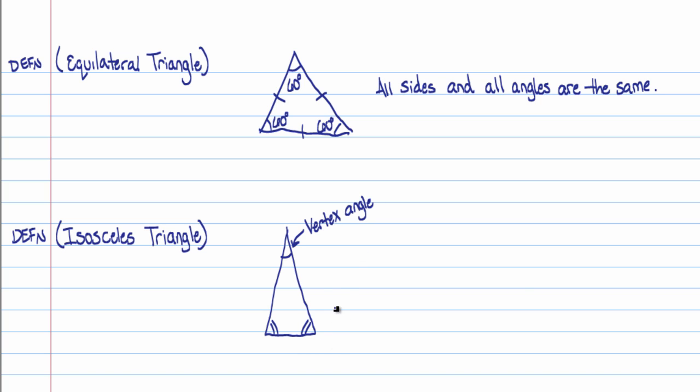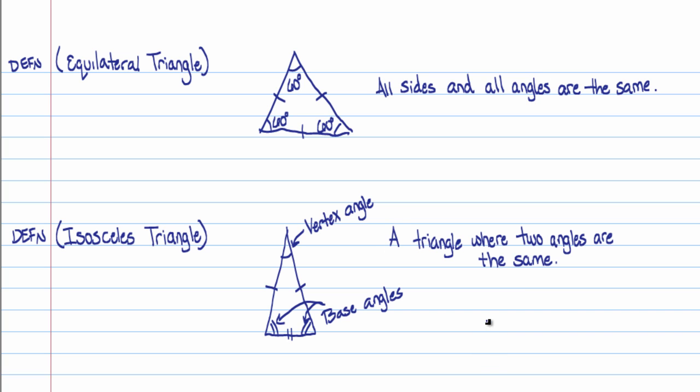And the two angles that are exactly the same we call base angles. So I'll go ahead and point an arrow at these two base angles here, 1, 2. And because these two base angles are the same, their opposite sides are exactly the same as well. But the side opposite the vertex, you can even see in this example, is not the same measure. And the definition essentially is that it's a triangle where two angles are the same.